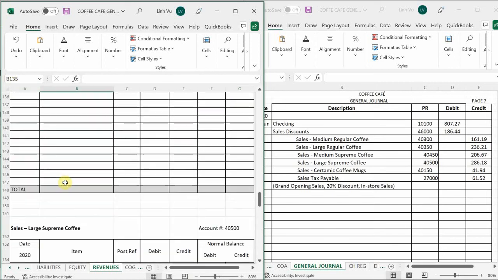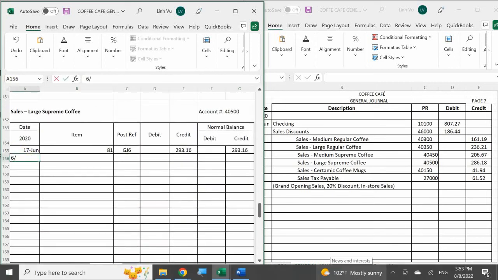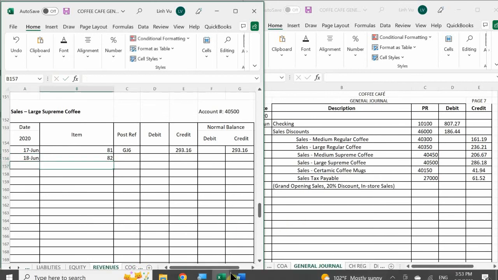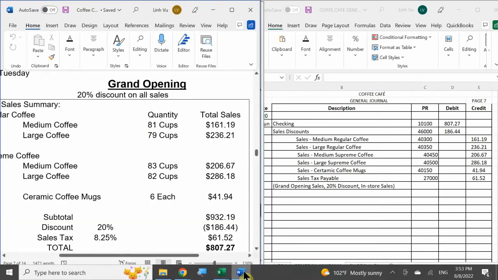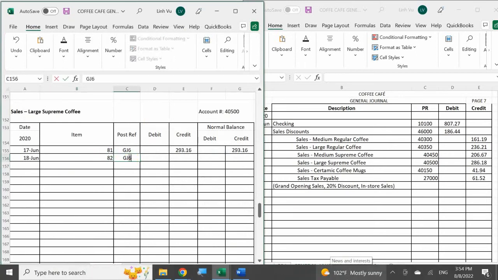And the large supreme, we had 82, didn't we? Let's double check. 82. Page 7, it was $286.18, which will yield me $579.34.